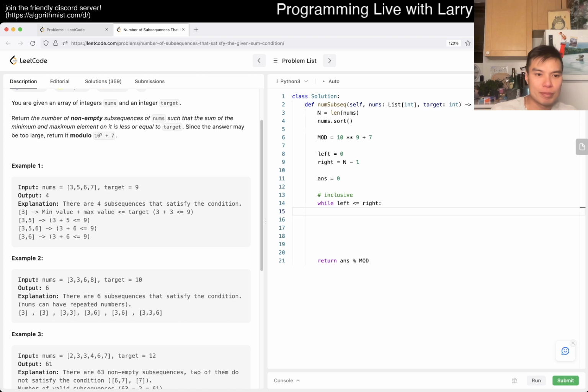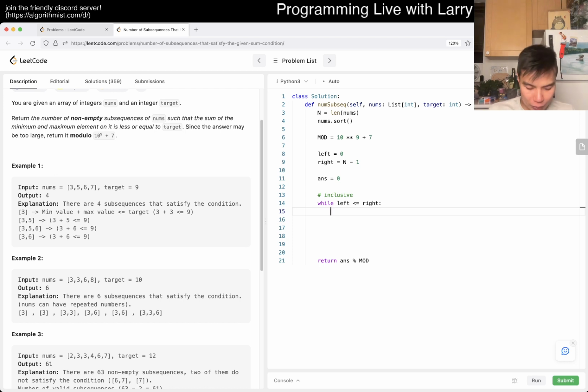I have to think a little bit about what to do with duplicate numbers, but maybe that's fine. As long as we're consistent and precise, we should be okay.